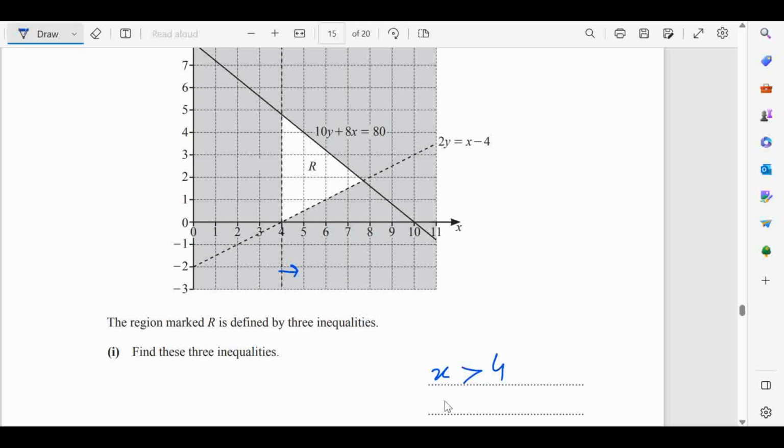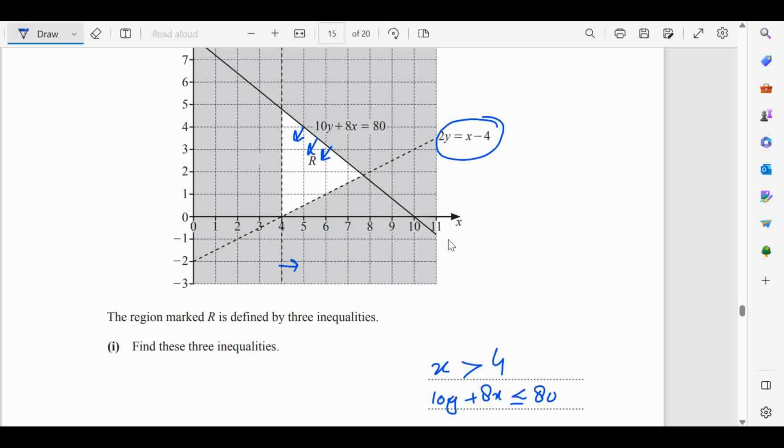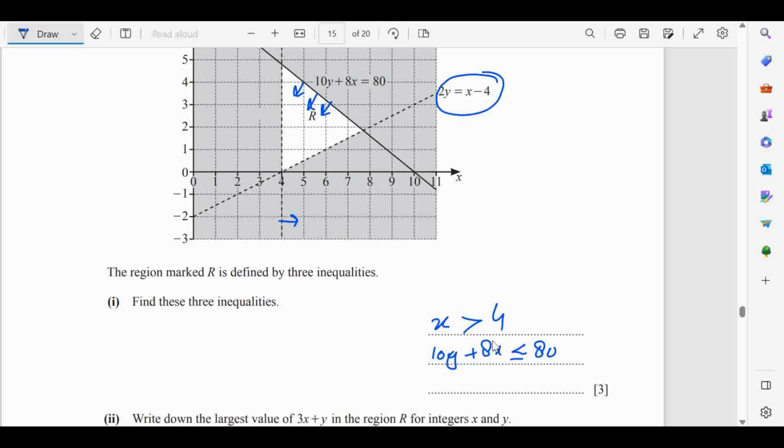Then we can say that 10y plus 8x is less than or equal to 80. For this one we can see that the required region is below this line, so this will be less than or equal to 80.